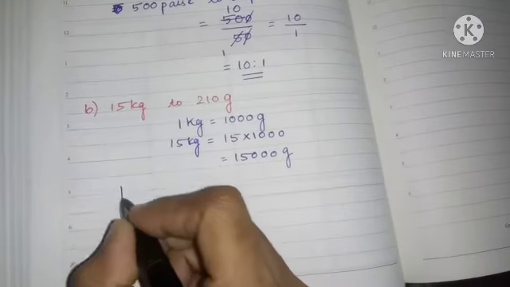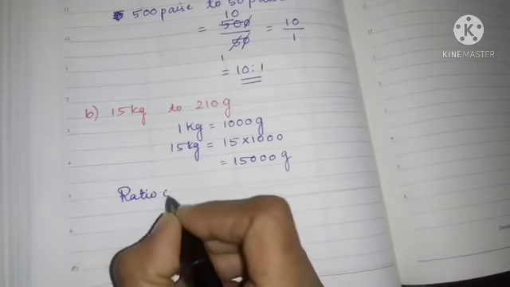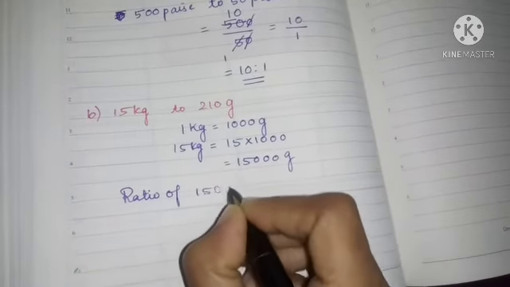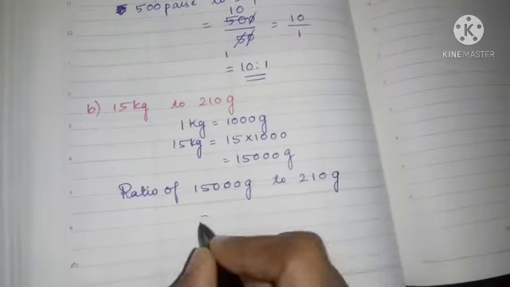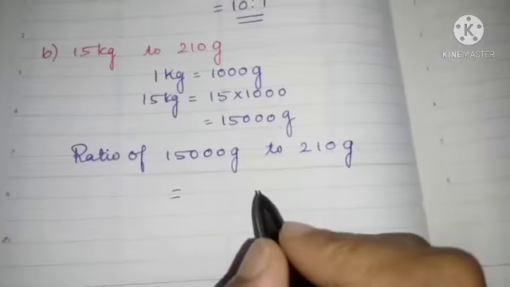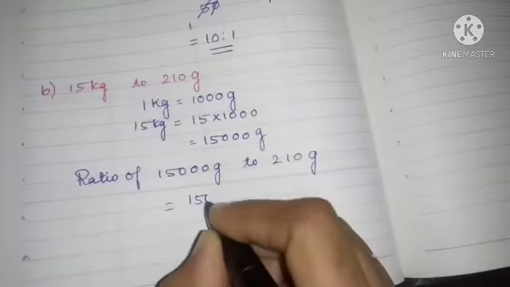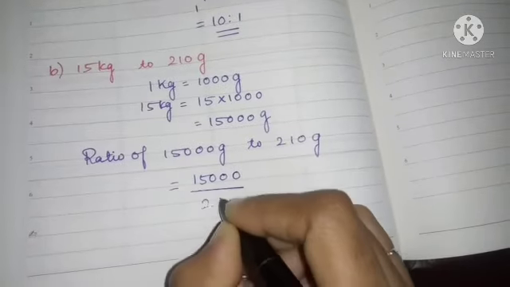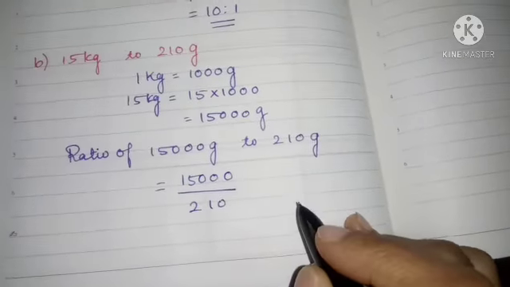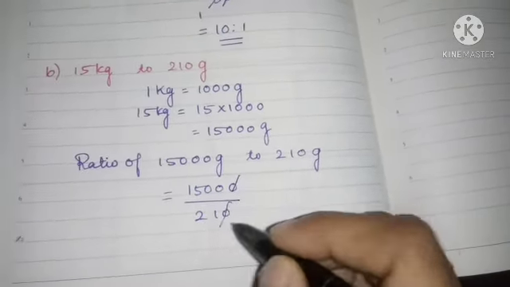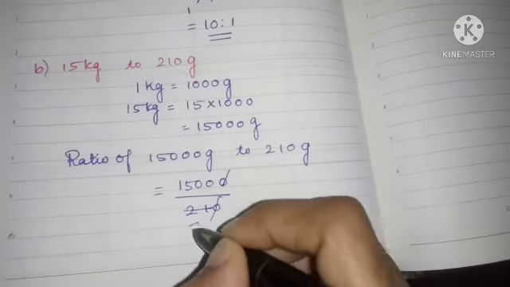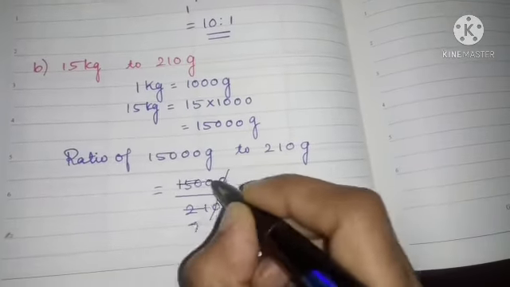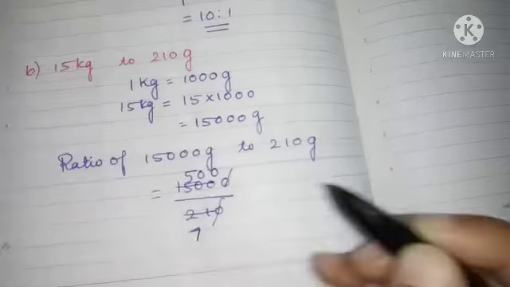So we are going to find the ratio of 15,000 gram to 210 gram. So 15,000 divided by 210. Both are in the same units, correct? 0, 0 cancel. Now can we cancel it in the 2 table? 2 7s, so the third table, 3 7s are 21, 3 5s are 15, 0 0.